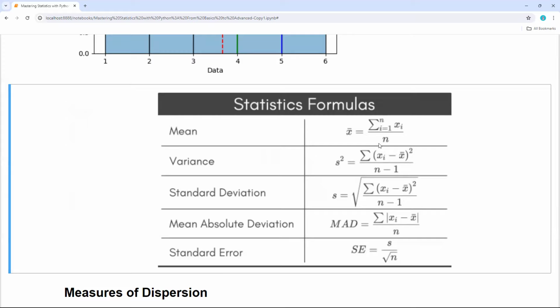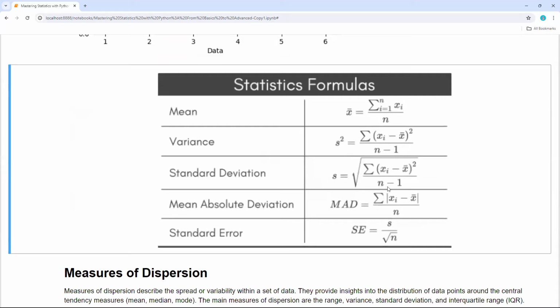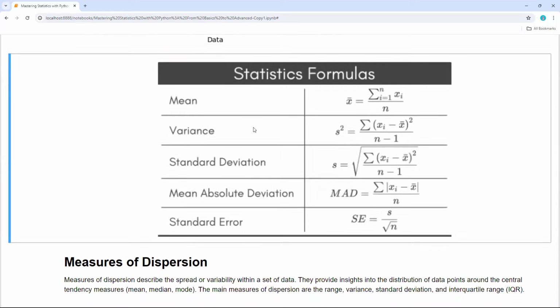So this is the formula to calculate the mean. We have not yet spoken about variance, so we will talk about it here. Let's jump into the measures of dispersion, then we will come back to these formulas and discuss them.